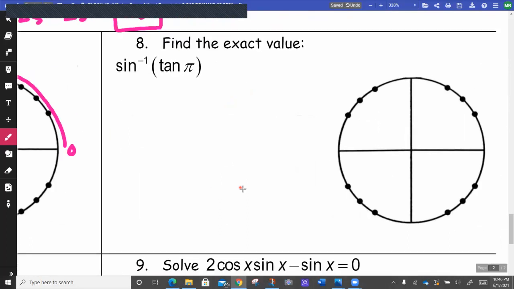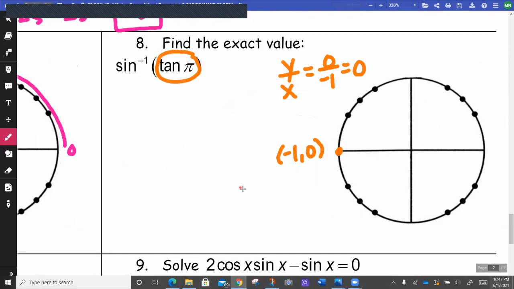On 8, first thing I need to do is find tan of pi. So this is pi, which is negative 1 comma 0, and tangent is y over x. So I'm going to get 0 over negative 1, which is 0. Then I want sine inverse of 0.